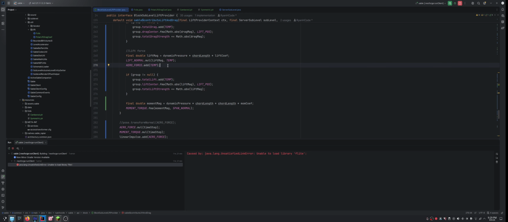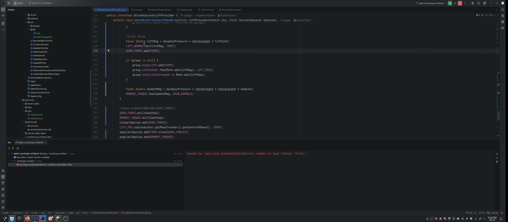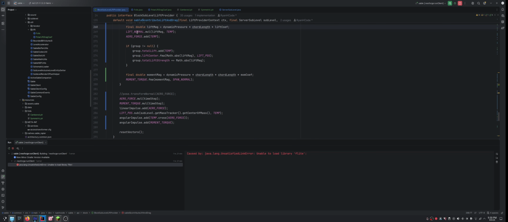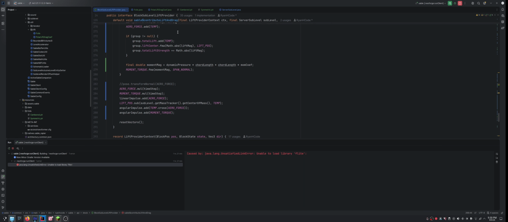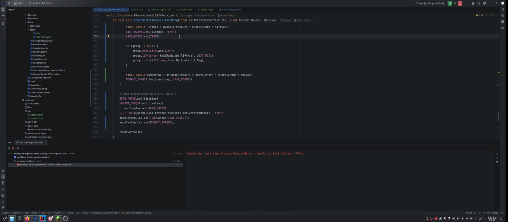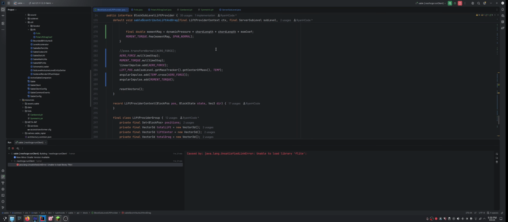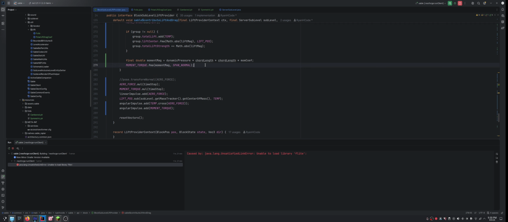The group stuff here is predominantly meant for the blueprint system. I like to display the forces in the blueprint, so I fill that information in. Lift force is dynamic pressure times chord length times lift coefficient. Pretty simple. Then multiply that by the lift normal I calculated earlier and add that to the aero force. Moment torque is the moment using the moment coefficient.